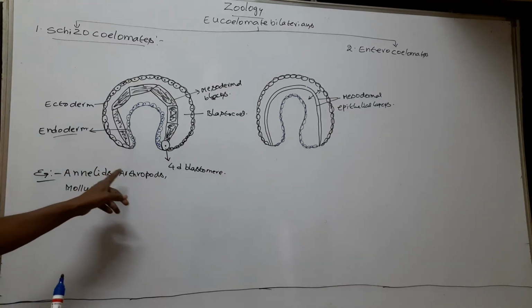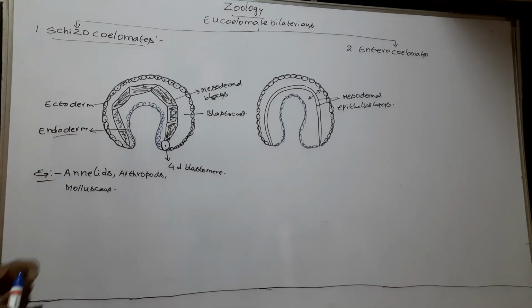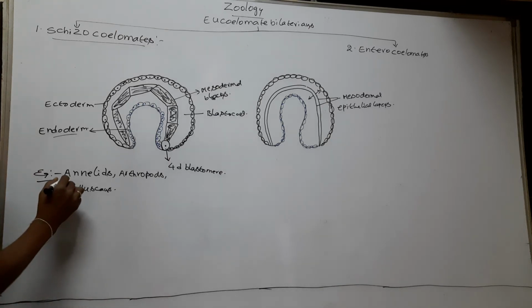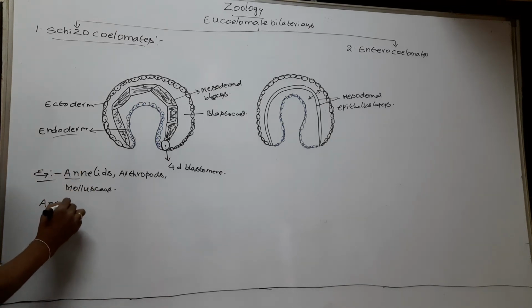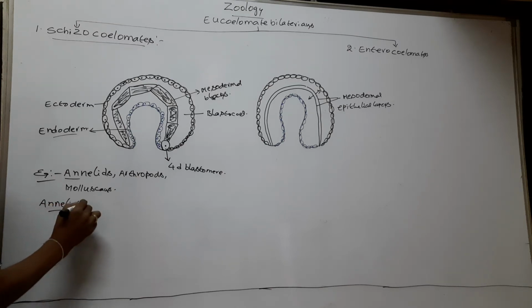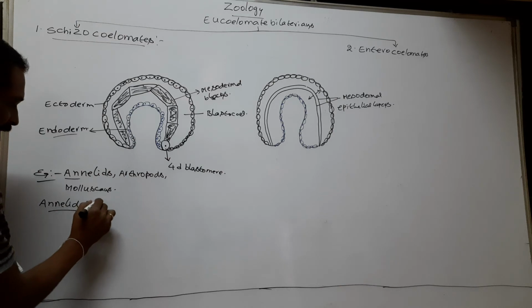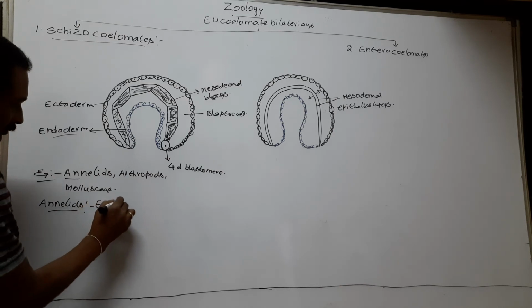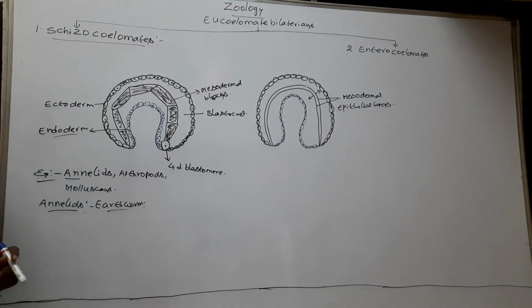So annelids, arthropods, molluscans are the examples of schizocoelomates. In the annelids, an example is the earthworm.